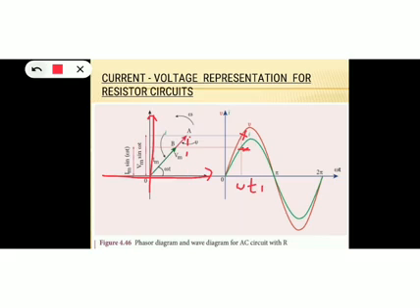If we consider another value of omega t, such as omega t2, suppose consider a value omega t2 here, and just extend it. So the point corresponding to omega t2 on the current graph is this point, let it be A, and the point corresponding to omega t2 on the voltage graph is this point, let it be B.